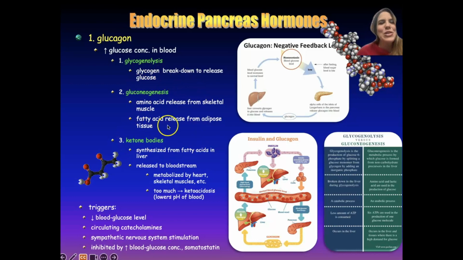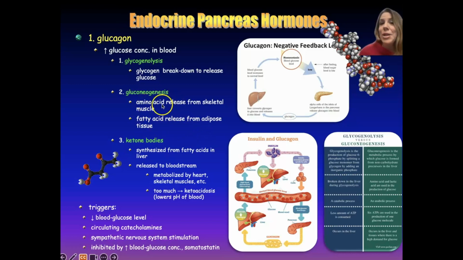In gluconeogenesis, we're going to actually just create more glucose. And how it's going to do it is glucagon is going to basically tell skeletal muscles to break down that skeletal muscle protein to release amino acids. It's also going to tell adipose cells, fat cells, to break down fat and therefore release fatty acids.